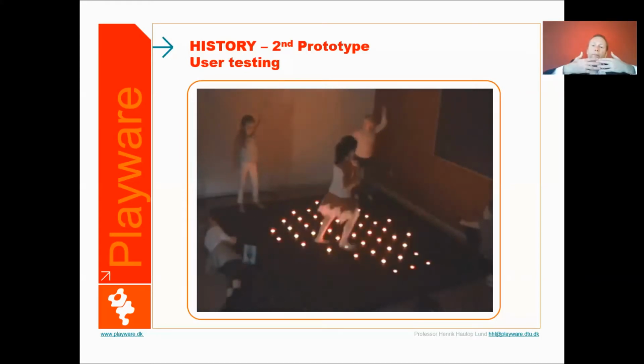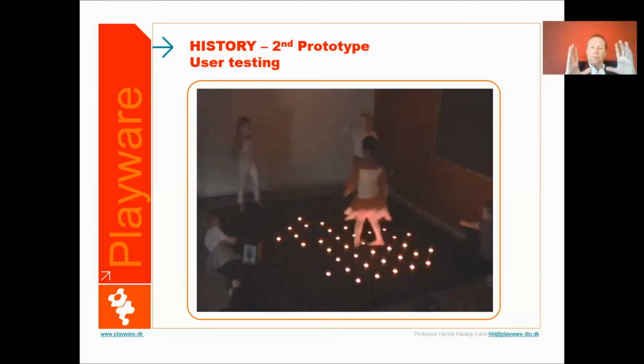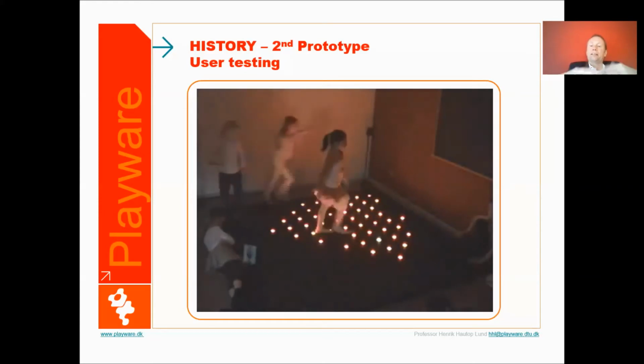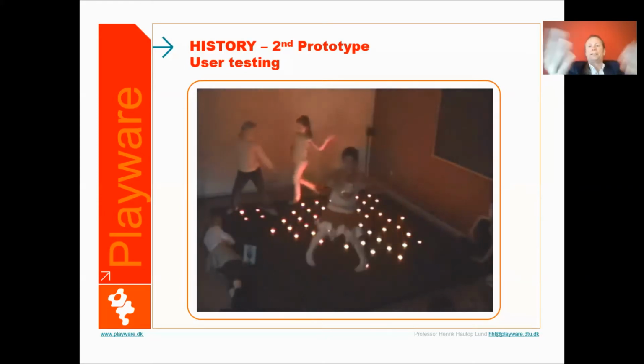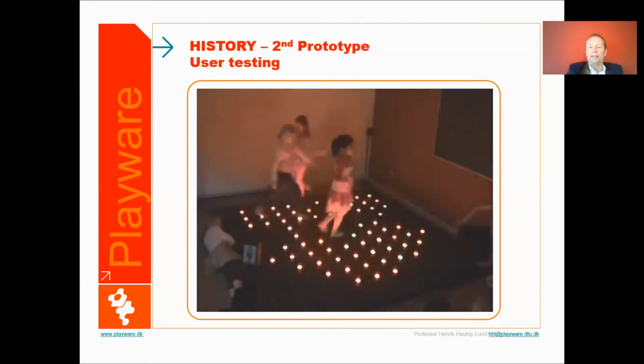So here you can see the Playware is pushing them into a playful state of being. The Playware acts as a mediator. Now it's just a stage, but it mediates them into doing some specific play with each other.